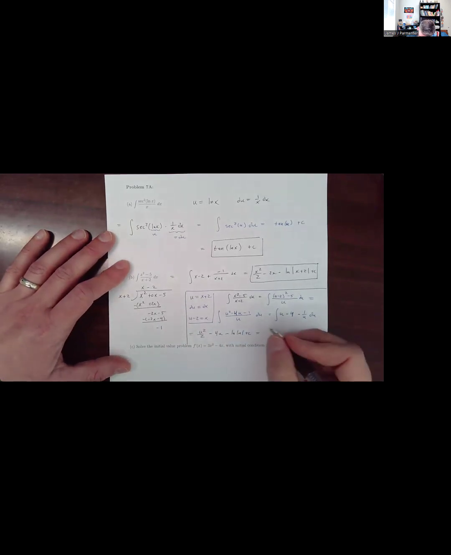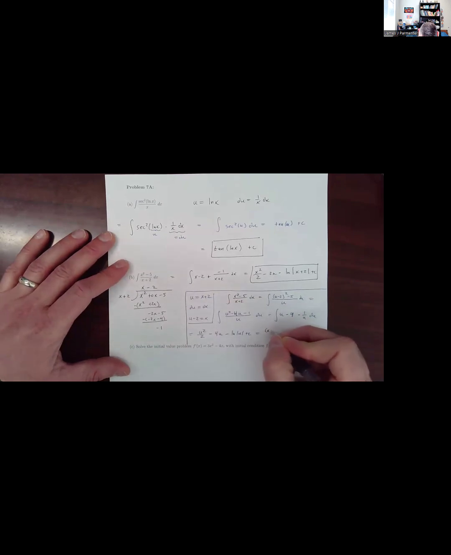Integrate. We're going to get u squared over 2 minus 4u minus natural log of the absolute value of u plus c. And finally plug back in, and we get x plus 2 squared over 2 minus 4 times x plus 2 minus the natural log of the absolute value of x plus 2.